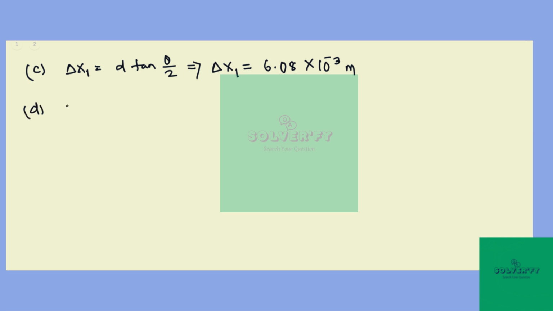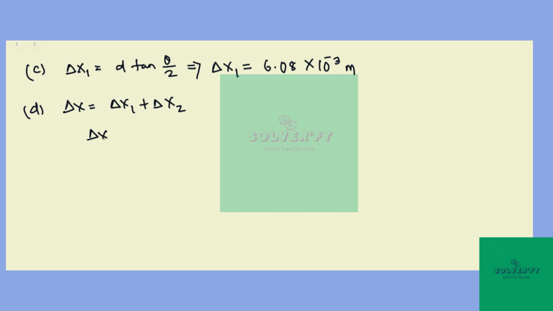For the last part, we have to find delta x, which is delta x1 plus delta x2, and delta x2 is the horizontal displacement of the particle from where it exits the field region to where it hits the wall.